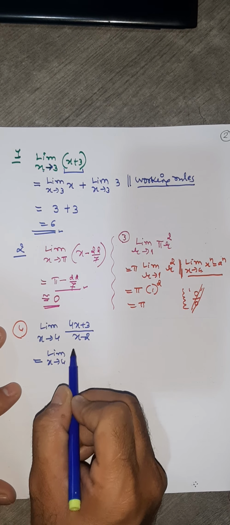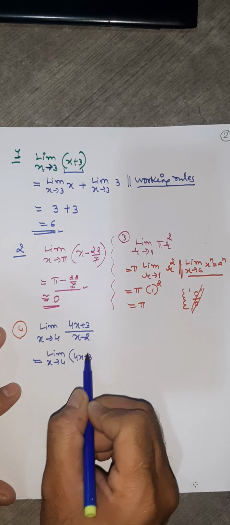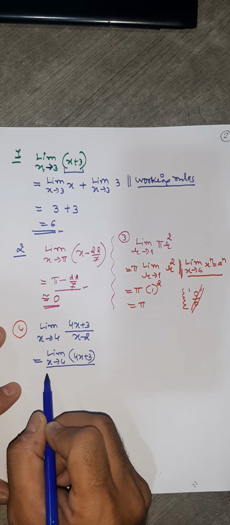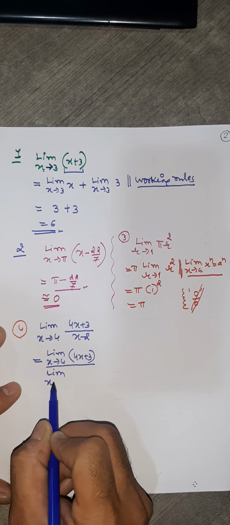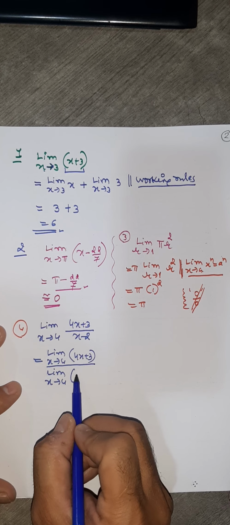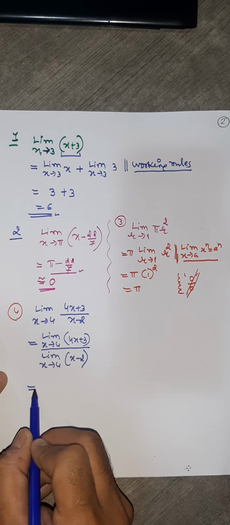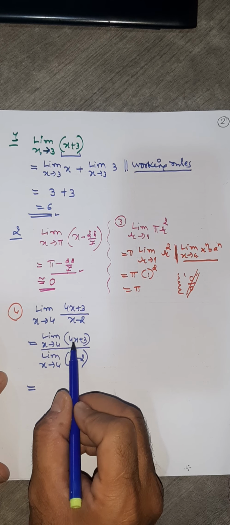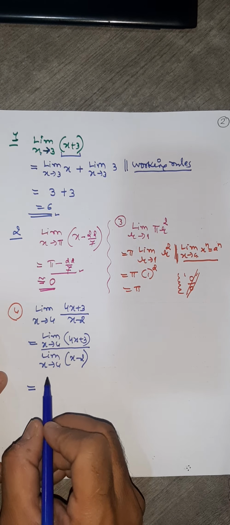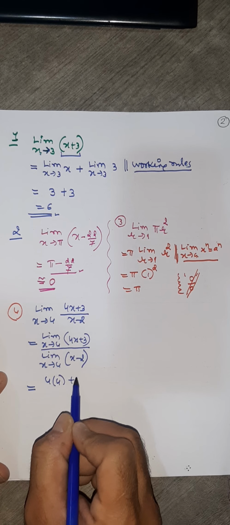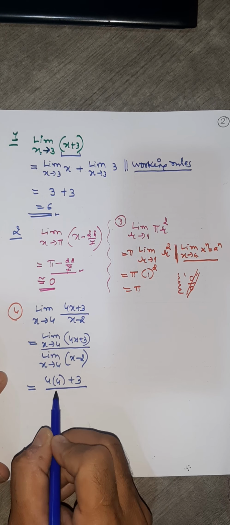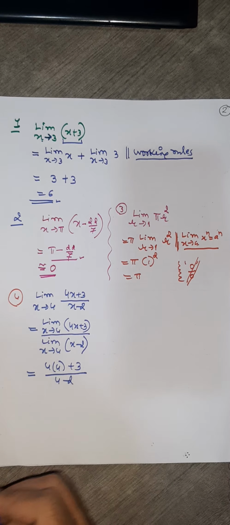This is just the beginning, so I'm showing. If you remember, this is that last working rule, the division rule. We can apply the division rule when the denominator limit is not 0, and it is not 0, you know. Now we apply the limit here. So instead of x, we put 4 here. So 4 into 4 plus 3 upon 4 minus 2.